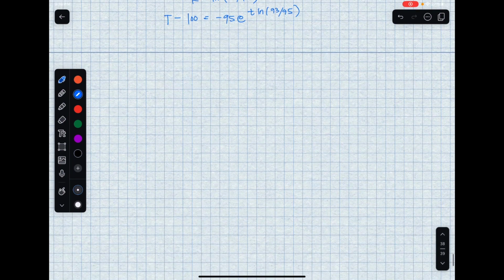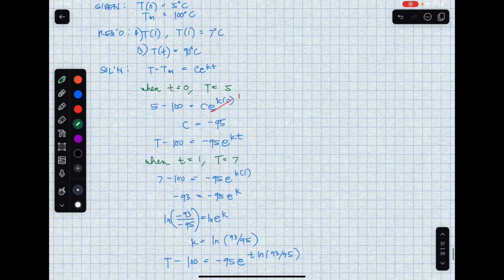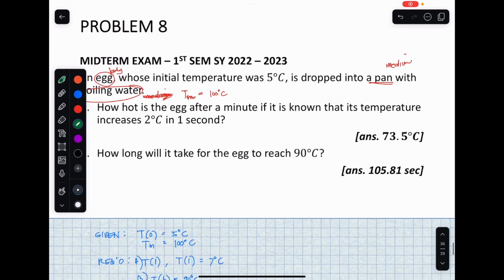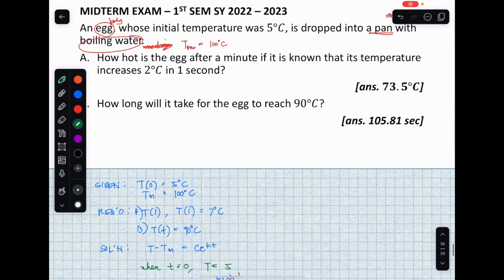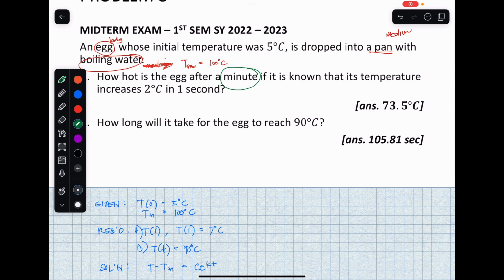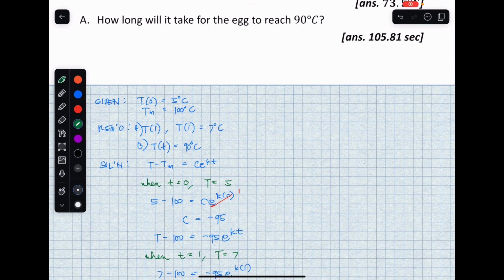For our first requirement, after a minute, our reference time for the problem is in seconds, so we change the 1 into 60.